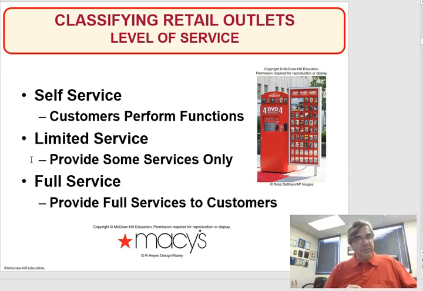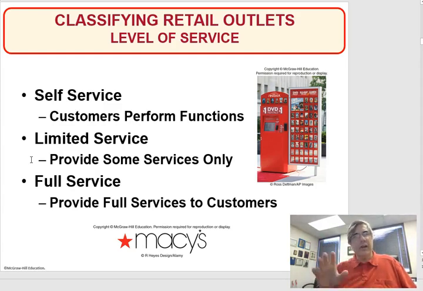Limited service would be like the grocery store, your Walmart. Those are limited service retailers. And then your full service, we're back to, needless markup. Neiman Marcus and Nordstrom's, where they'll do everything for you.